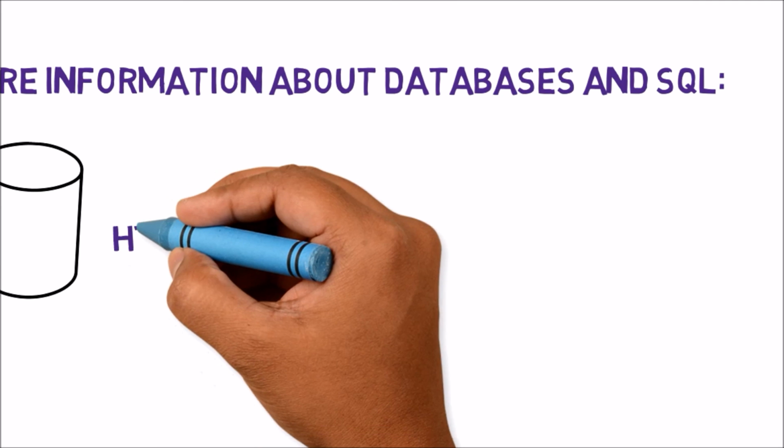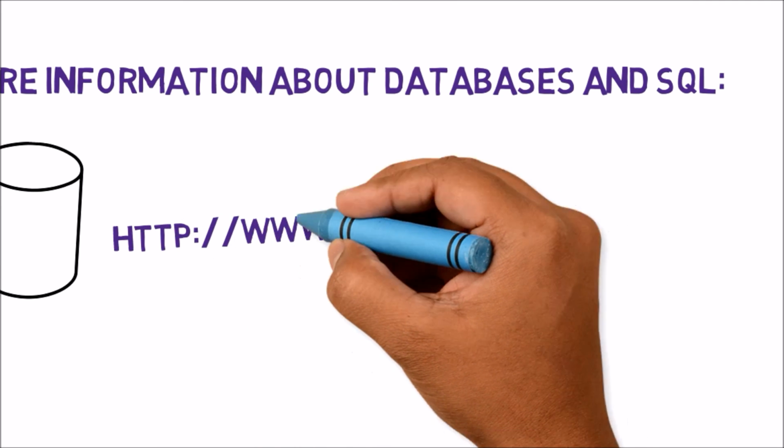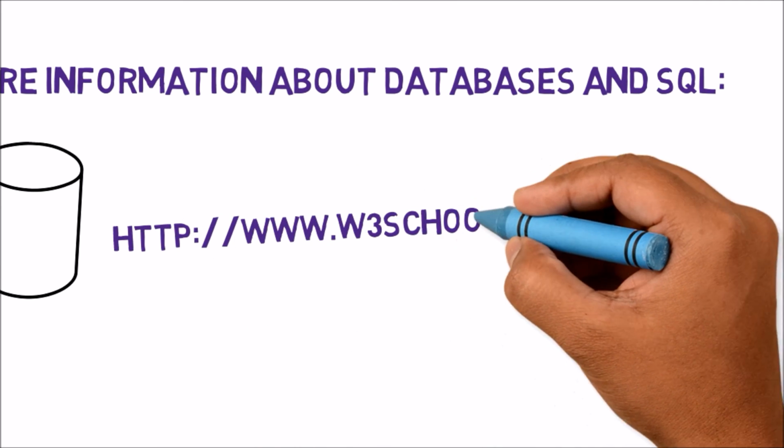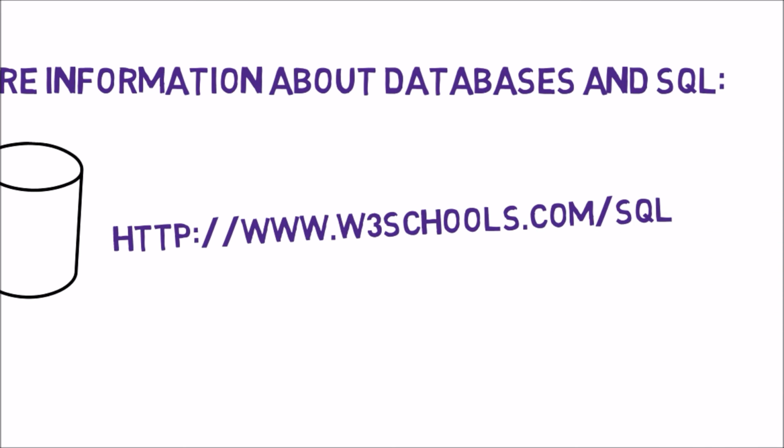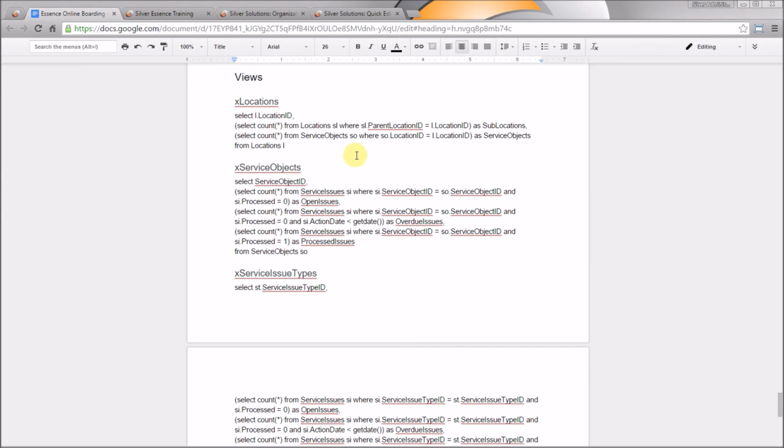If you're not familiar with databases and SQL, simply go to w3schools.com/SQL. There you will find a lot of information. If you're not familiar with that, simply copy paste the views as we have here in the document that goes along with this video.